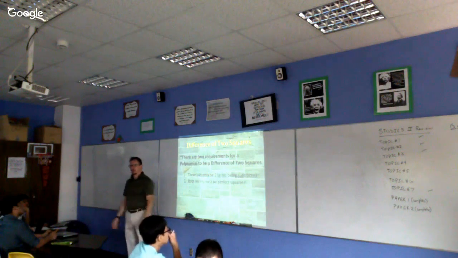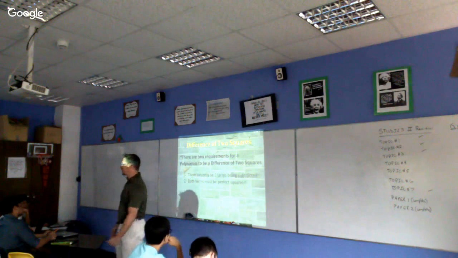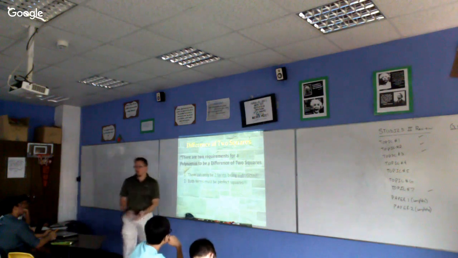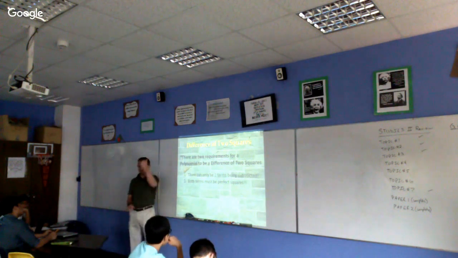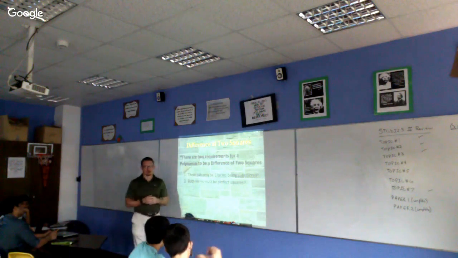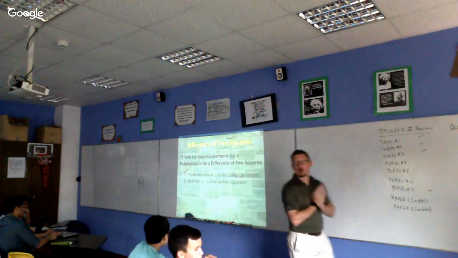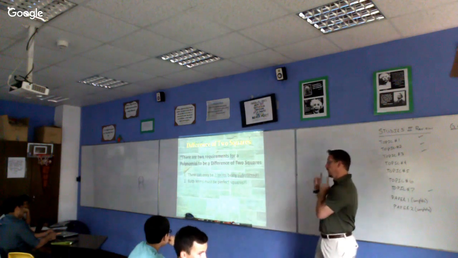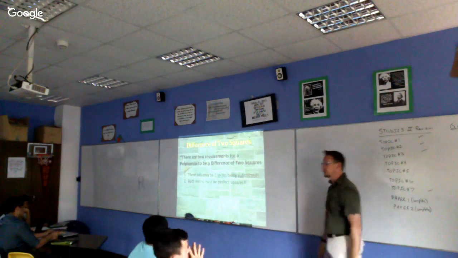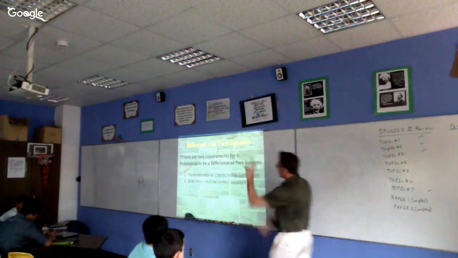I would probably throw up to 15 in there, but if you can get 12, you should be able to get any of these factors. Unless you rely on your calculator to do all of your calculations, then this is going to be some of the most difficult stuff you've ever done. So, very important.